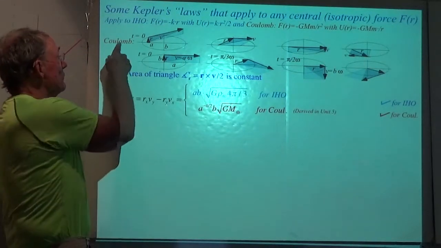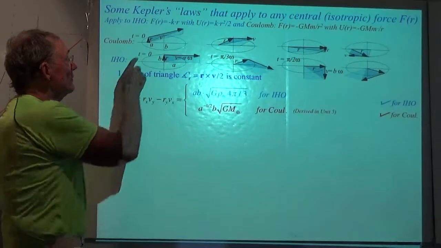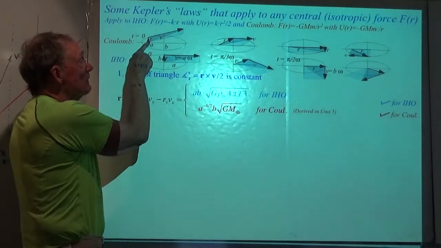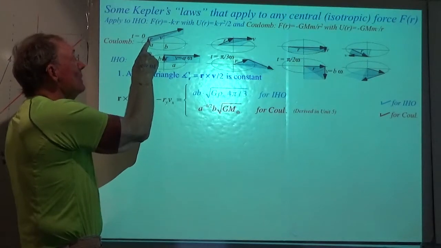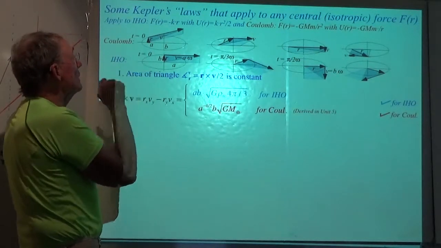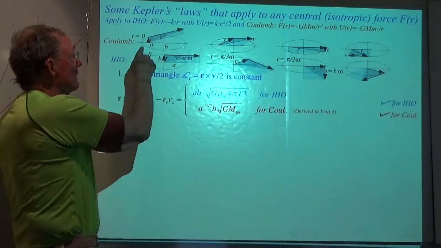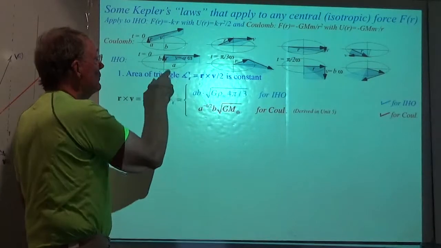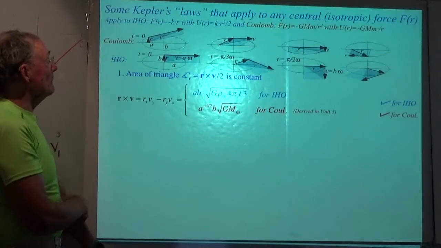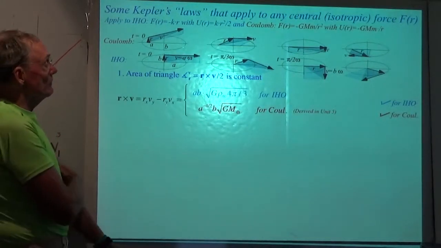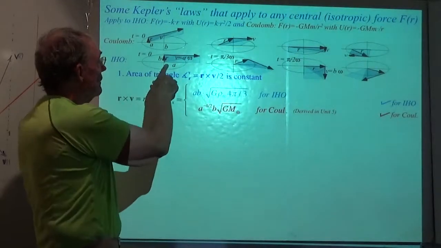And the difference is that for the Coulomb orbit, the center is at the focus of whatever conic section you're getting, and you can get hyperbolas too. But for attractive orbits, you can get ellipses, just like our attractive oscillator. This is a stable oscillator.